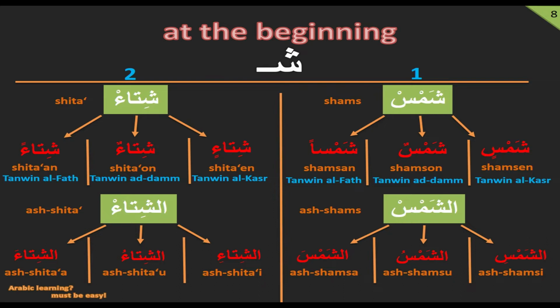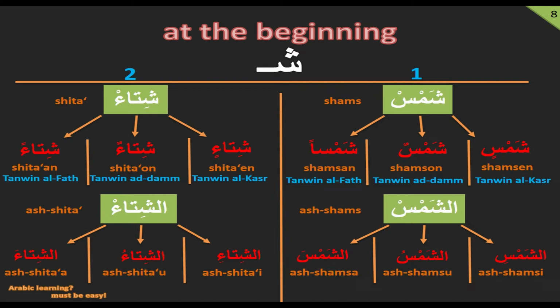Now the second example, shita, with tanween al-fath would be shita'an, with tanween al-damm shita'un, and with tanween al-kasr shita'in. Now the second example, shita with al-ta'rif, ash-shita, with fatha at the end, ash-shita'a, with damma, ash-shita'u, and with kasra, ash-shita'i.